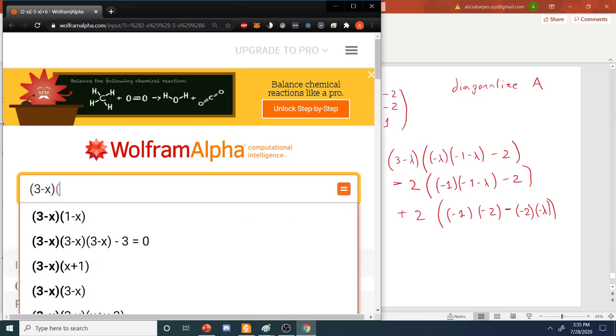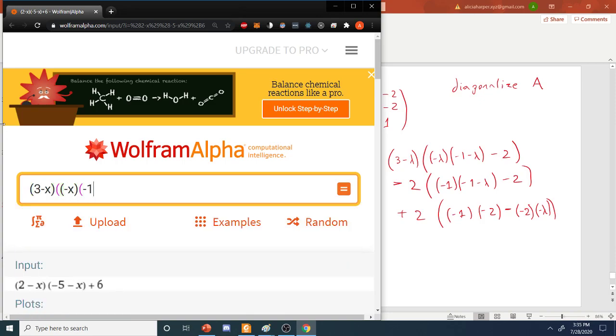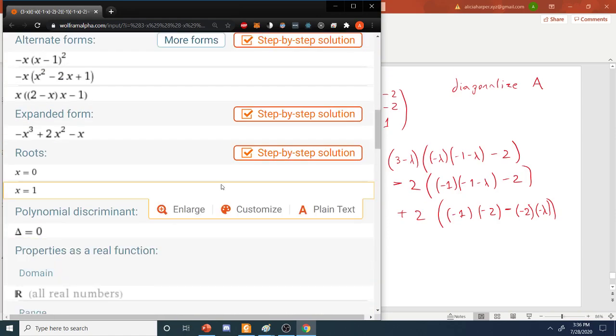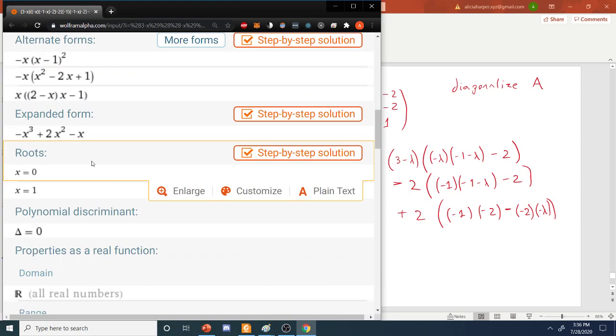So 3 minus x, -x, -1 minus x minus 2, minus 2, -1, -1 minus x, minus 2, plus 2, 2 minus 2x. And so the roots are 0 and 1.